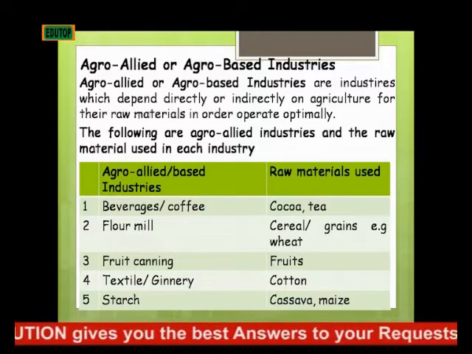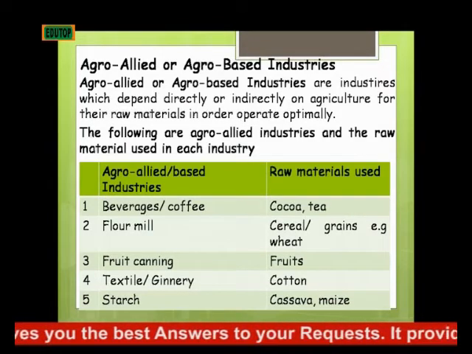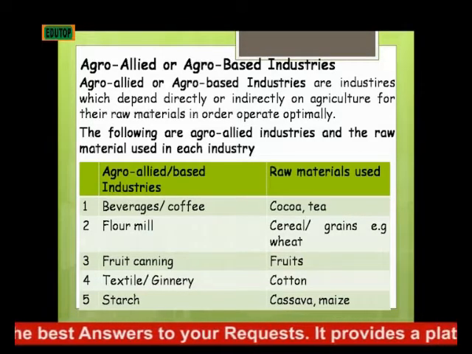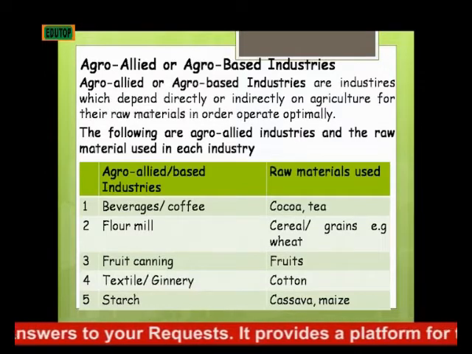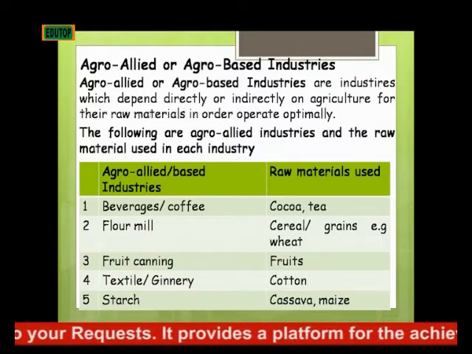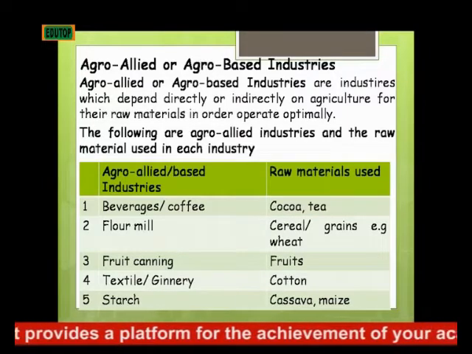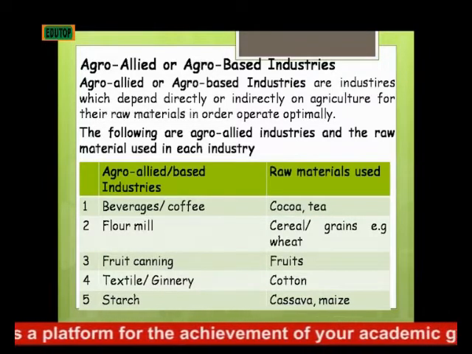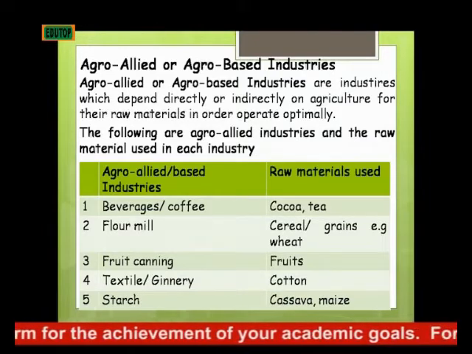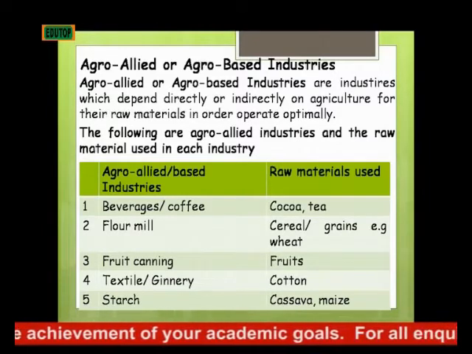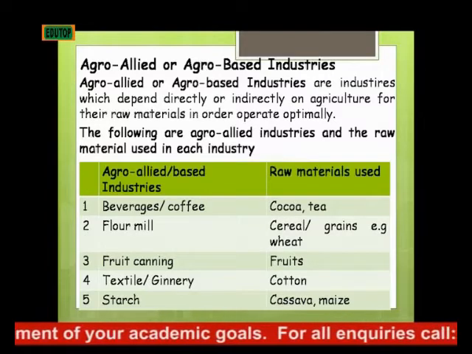Then the fruit canning industries make use of fruits such as pineapple, orange, citrus, guava, apple, just as we've been seeing on the cans of the fruit juices we've been taking.